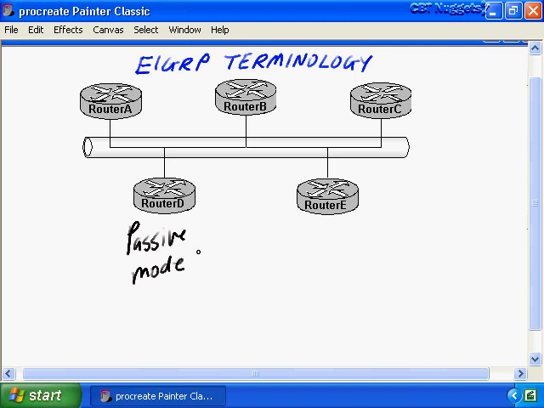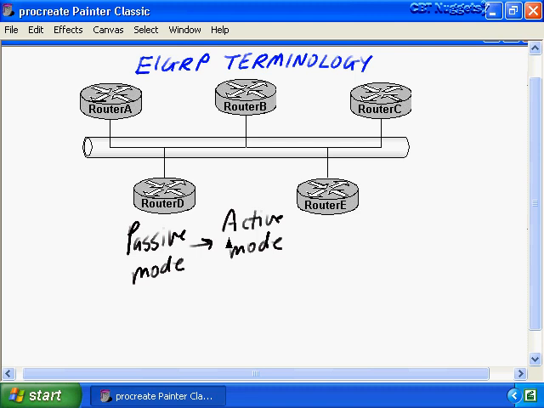However, it may go into what's called the active mode, and this can happen if the router has newly been added to the network, there's been a change of the configuration on one of the other routers or an added router, and there's a change in the topology, so there's recalculation going on in the topology table or changes in the neighbor table. Then the router is going to be called in active mode.